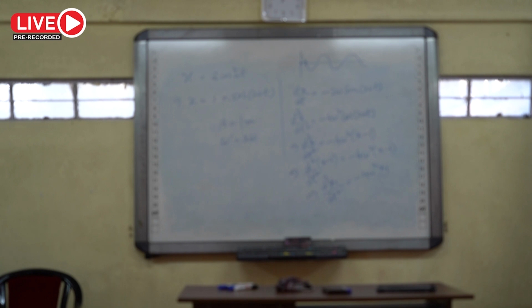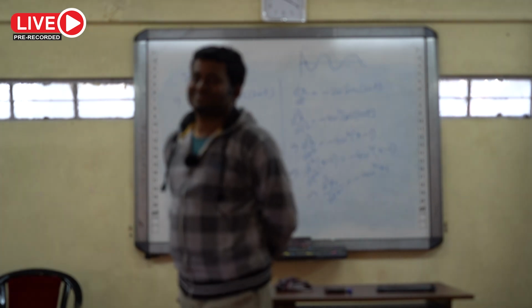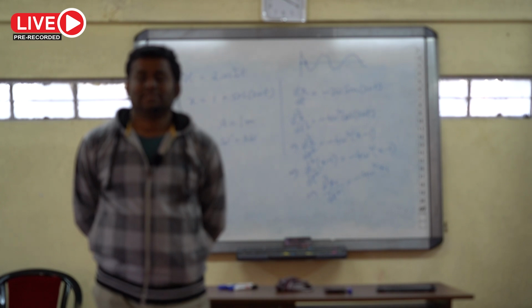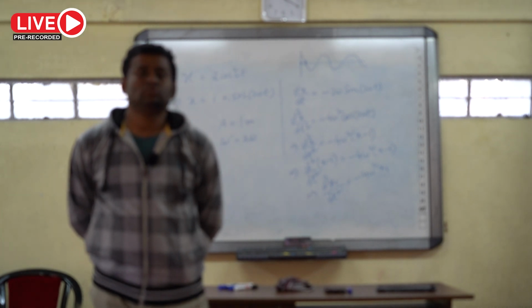Then find the time period of the original pendulum. The time period formula you have to use is 2 pi root L by g.